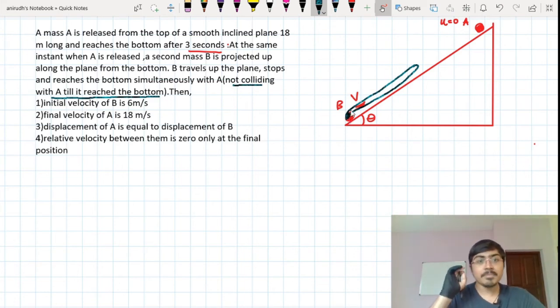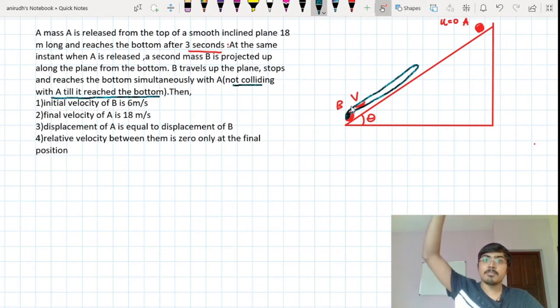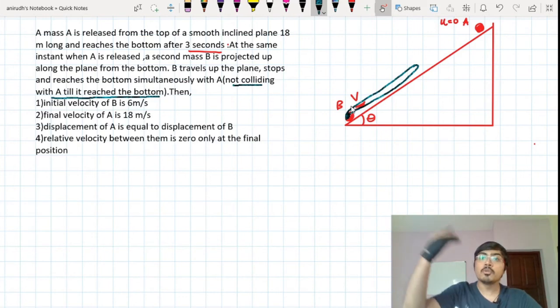Now, tell me what is the time taken for B to come back here. You are throwing a ball up, it goes all the way up, it stops at some height where the velocity is 0. So the time of ascent, the time taken to reach the topmost point, is u by g, and while it comes down again it is u by g.